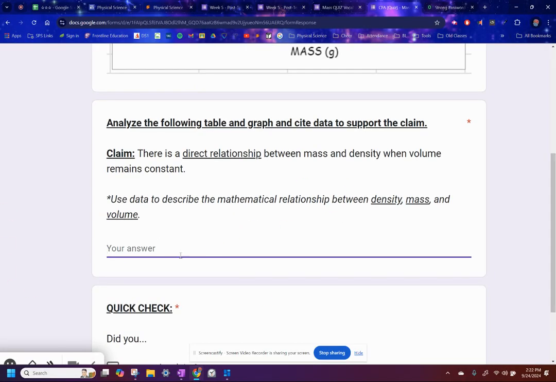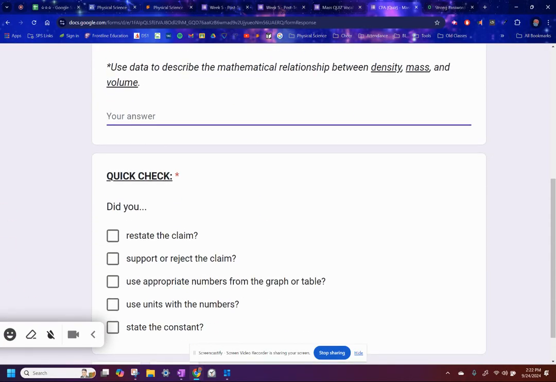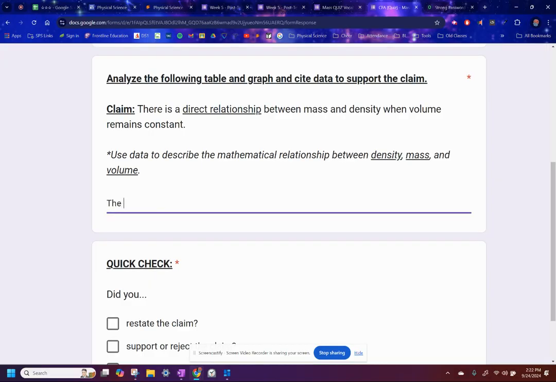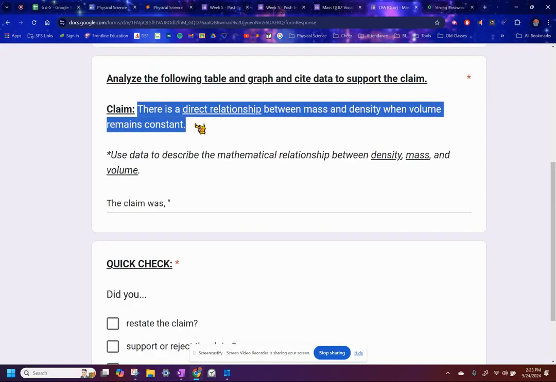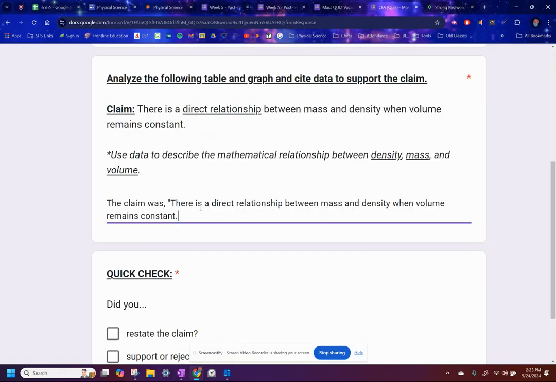So, I need to answer all these questions. Restate the claim. Well, the claim is right here. Copy, paste. Next thing, support or reject the claim. Well, it's going up. It looks like direct relationship to me, so I support the claim.